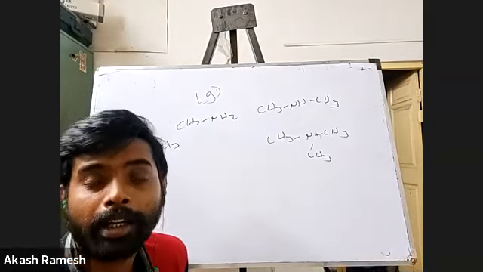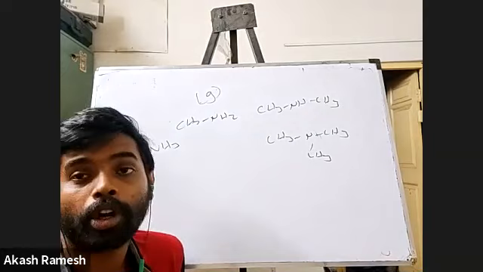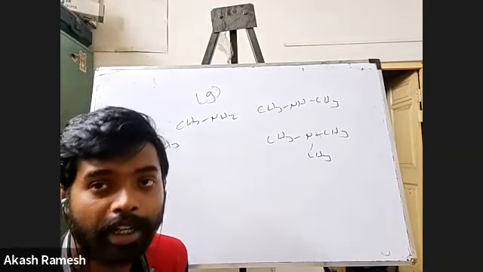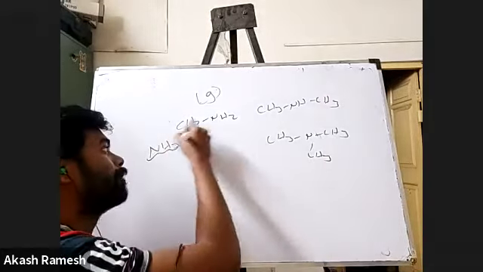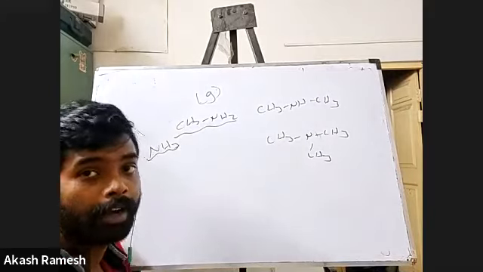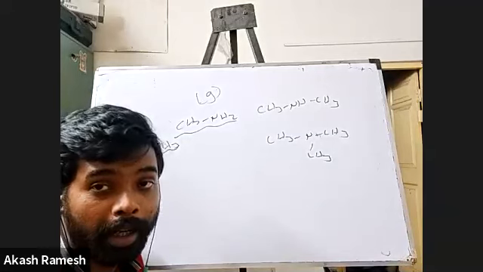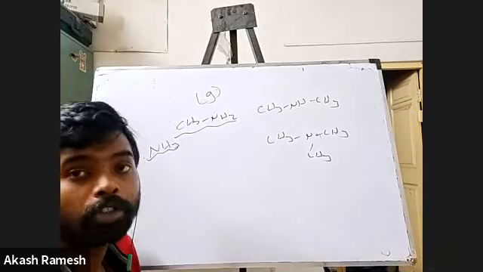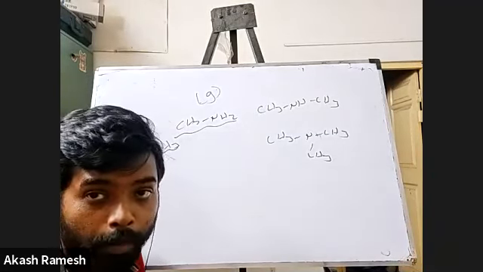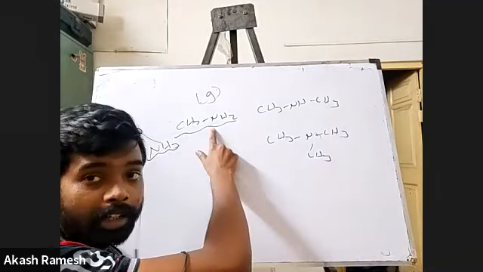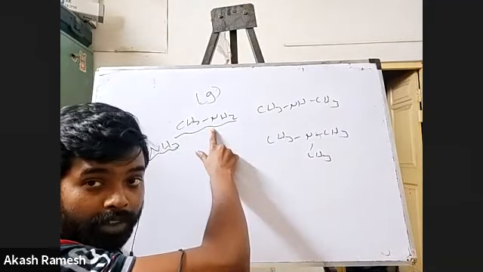So CH3 we know is an electron donating group. When I compare ammonia with a primary amine, where a hydrogen is replaced by a methyl group, which is an electron donating group, what will happen to the availability of lone pair? Will it increase or decrease because of the presence of CH3?